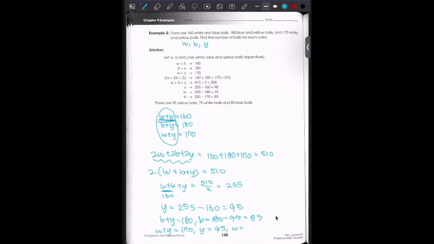W is going to be 170 minus 95, which is going to be 75. And so we know that for blue balls, we have 85 balls. We have 95 balls that are yellow. And we have 75 white balls.